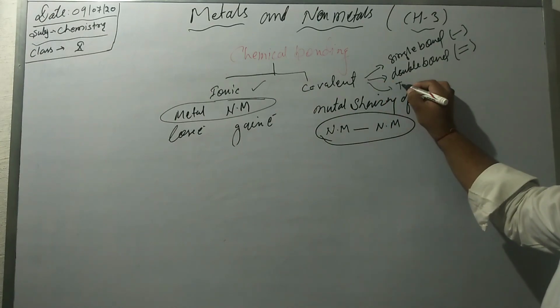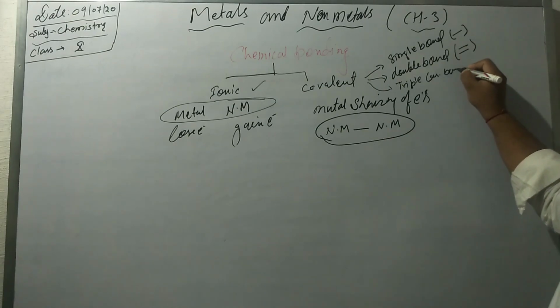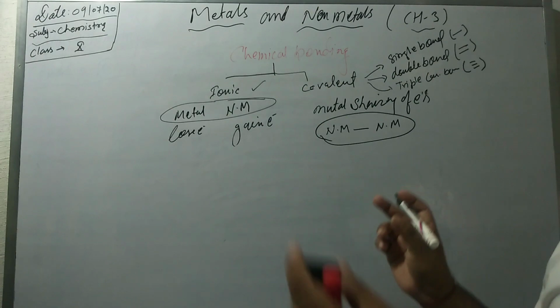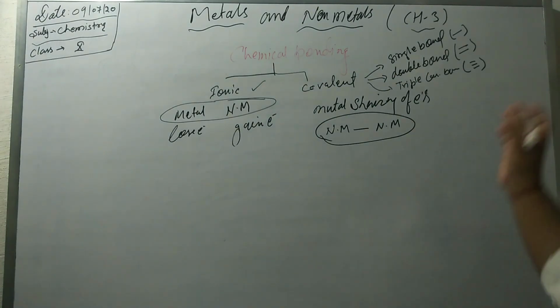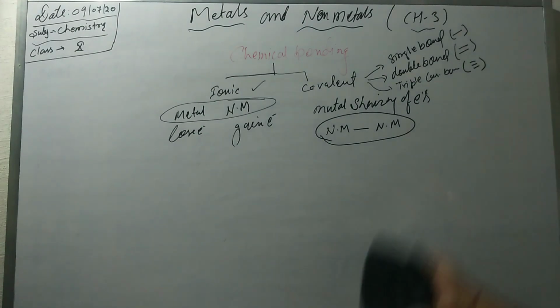Third one is triple covalent bond, three lines between two atoms, which share electrons. Let's start with the first one, single covalent bond.